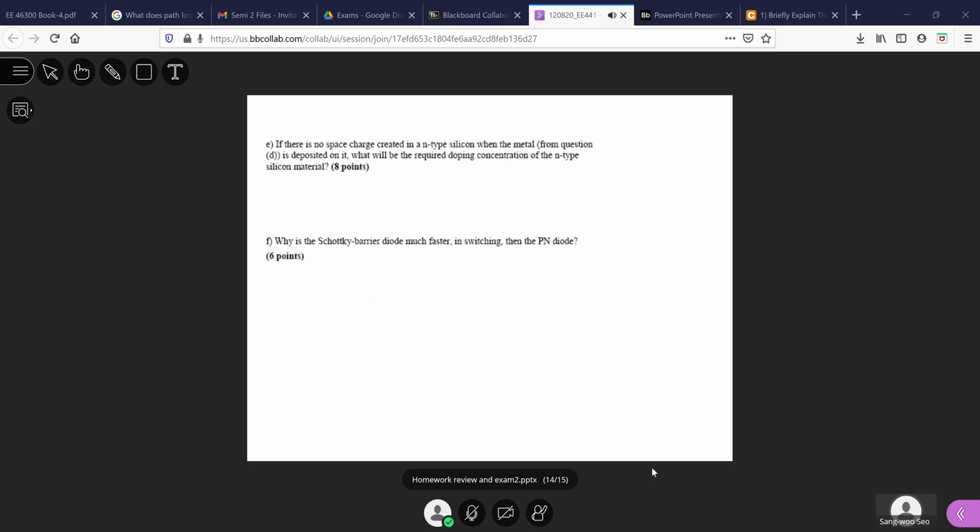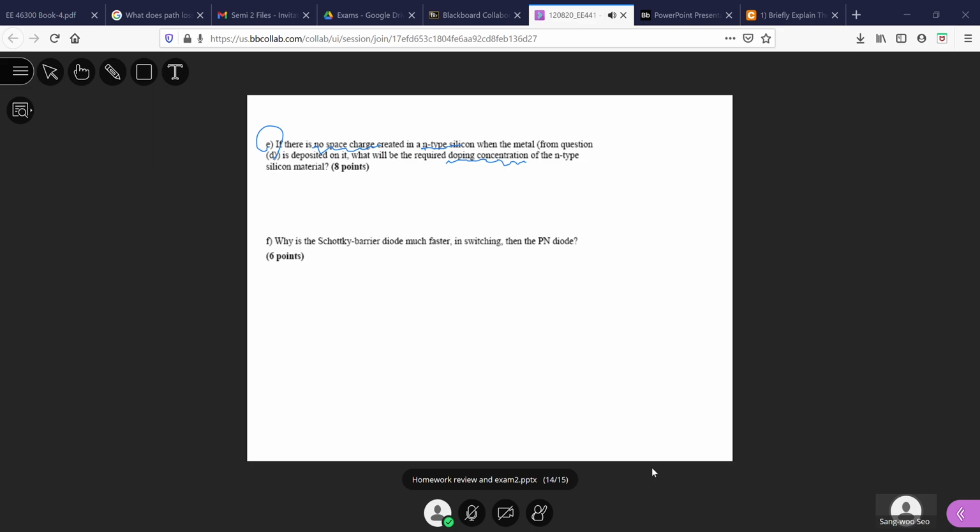And then question E is, let's say, also similar to our homework. If there is no space charge created in the N-type silicon case, okay, what is the required doping concentration for this semiconductor?